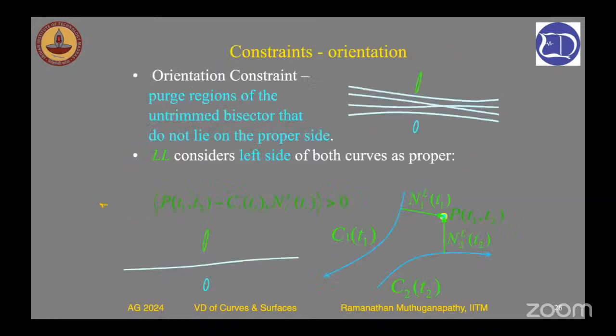Mathematically we can represent this orientation constraint; you can see that there are four components here. After we apply it, we get only the one component that you can see in the bottom picture. So this reduces the complexity of the bisector a great deal. The first step was to apply the constraint and get a minimal portion of the bisector.